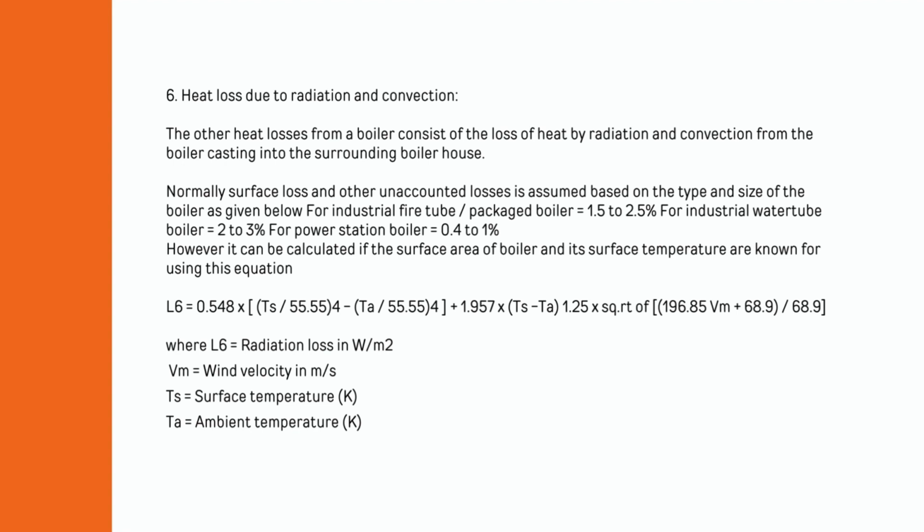L6 equals 0.548 into (Ts per 55.55) to the power 4 minus (Ta per 55.55) to the power 4, plus 1.957 into (Ts minus Ta) to the power 1.25 into square root of (196.85 into Vm plus 68.9) divided by 68.9, where L6 is the radiation loss in watt per meter square, Vm is the wind velocity in meter per second, Ts is surface temperature in Kelvin, Ta is ambient temperature in Kelvin.